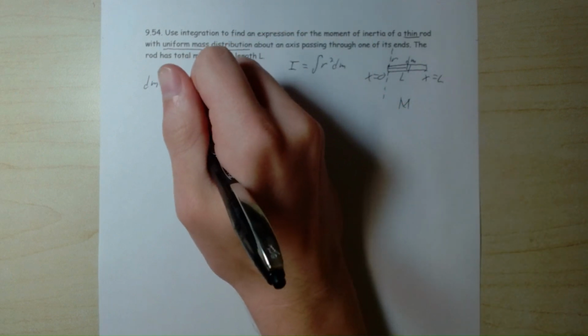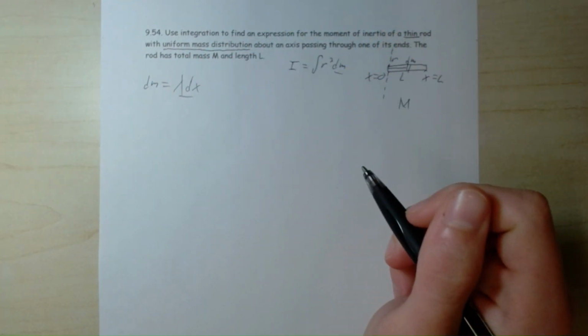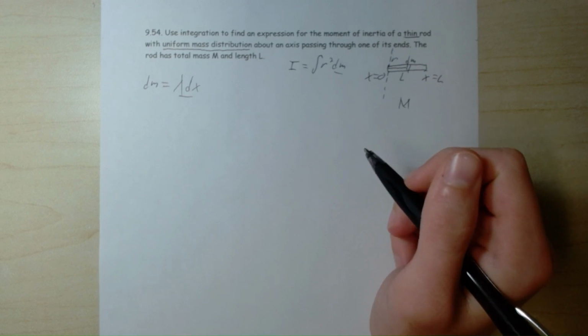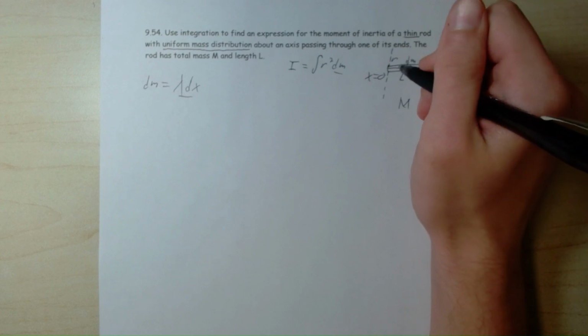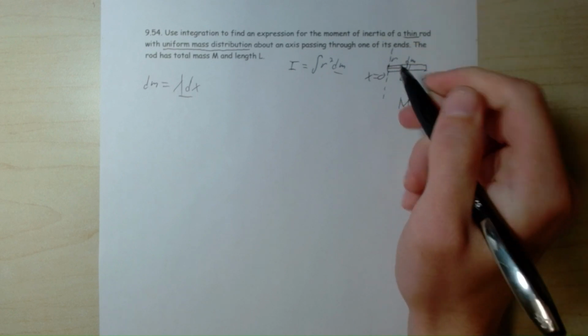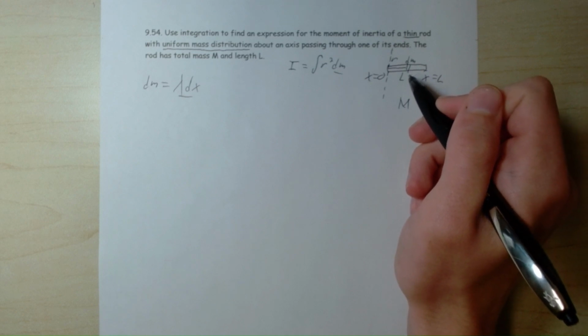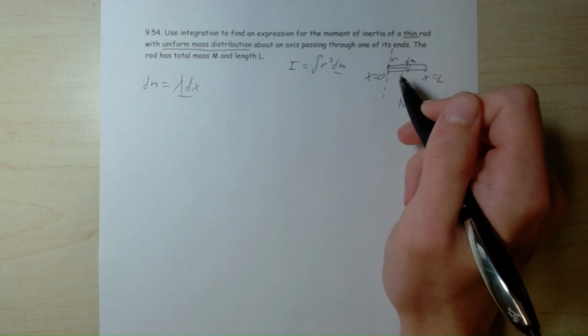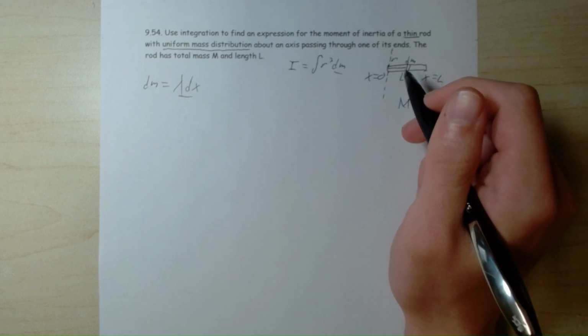So we can plug this expression in here, and we can switch r to x because, if you'll notice, in our diagram here, r equals x because it lies on the x-axis. So r is essentially just x.